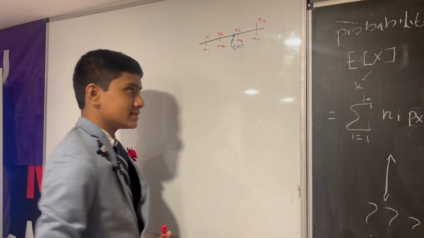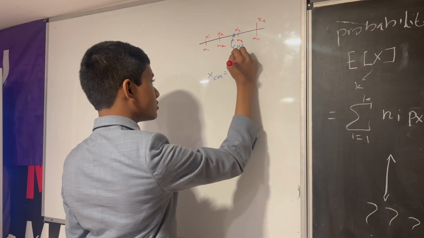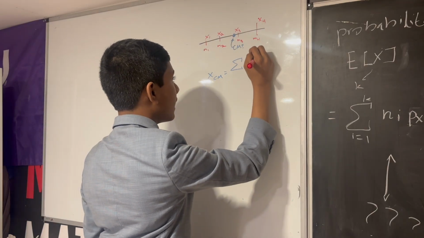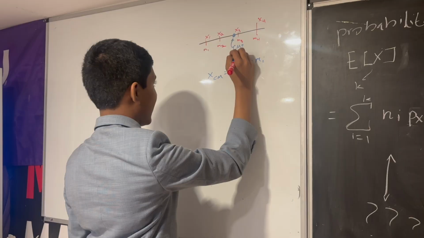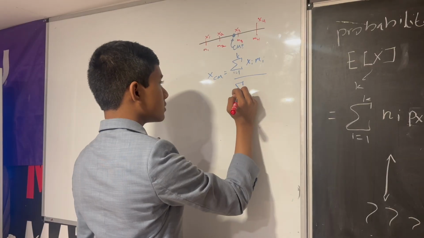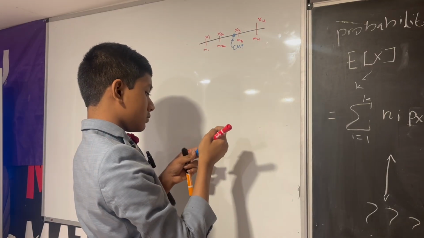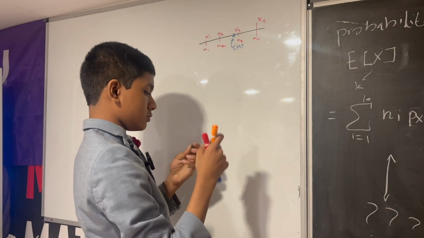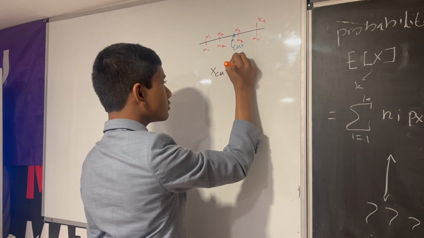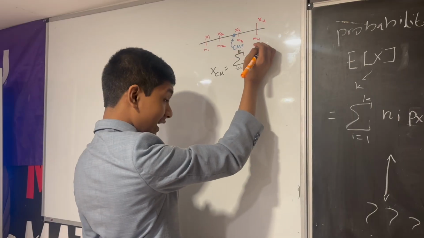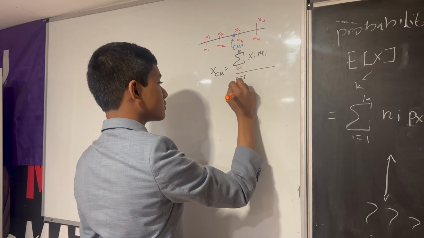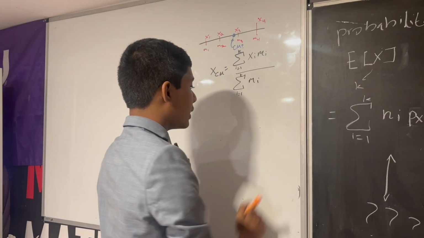So the answer to that is instinctively x_cm is equal to the sum from i equals 1 to k, if k is the number of masses, of x_i m_i, divided by the sum of m_i by itself.